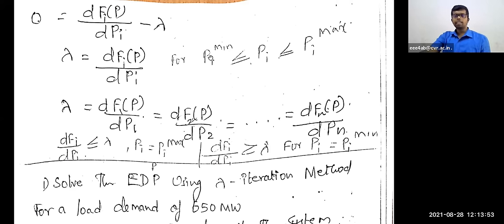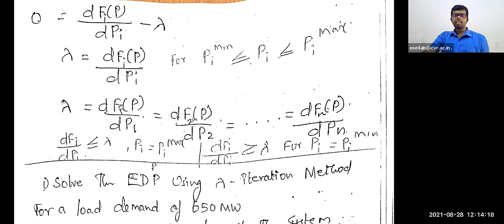Pi should be within Pi minimum and Pi maximum. Whatever power is generated should be within Pi minimum and Pi maximum, that is Pi minimum is less than or equal to Pi, which is less than or equal to Pi maximum. So this is dFi divided by dPi.